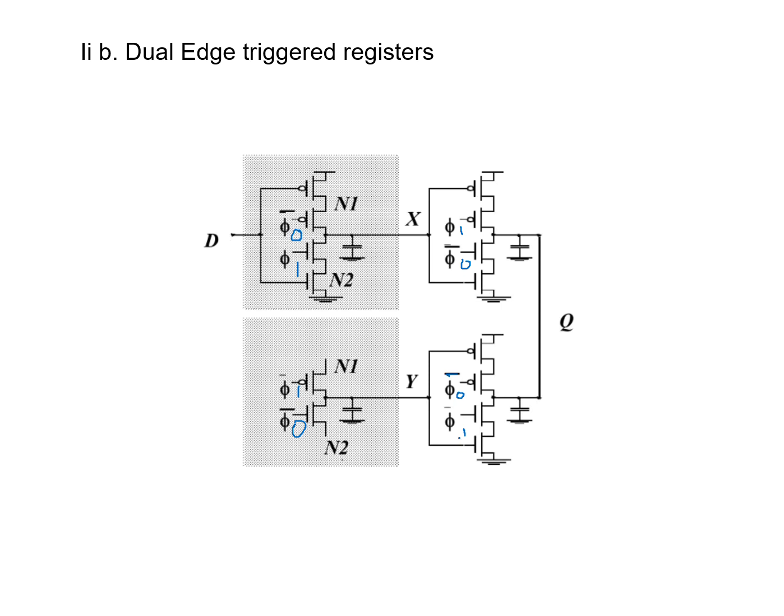This is the case when clock is 1. So the transistors that are in on condition: this transistor is in on condition, this transistor is in on condition, these are in off condition, and these last two are in on condition.